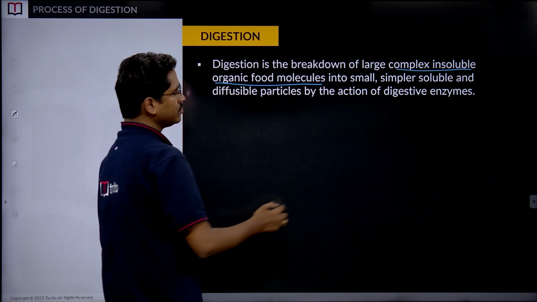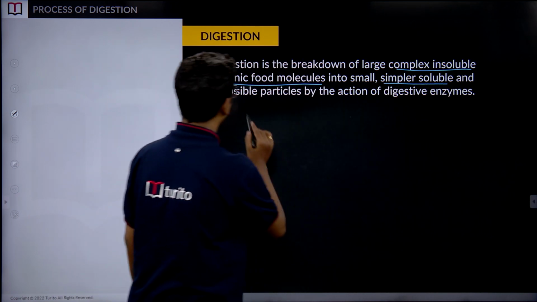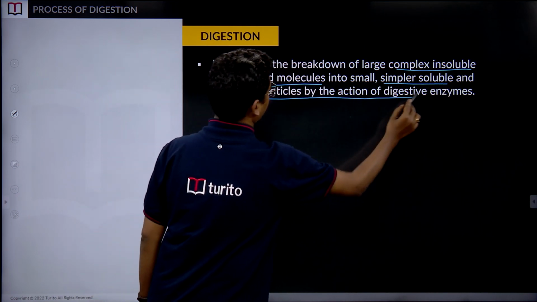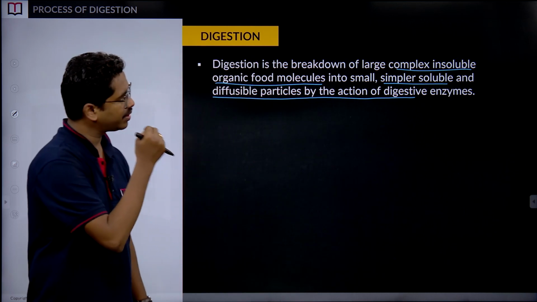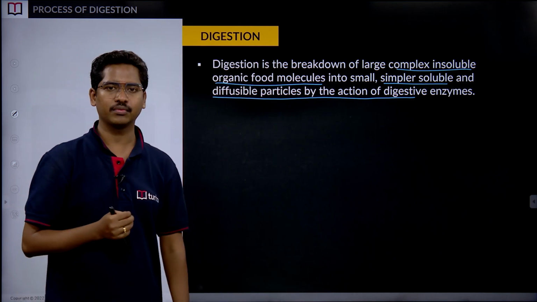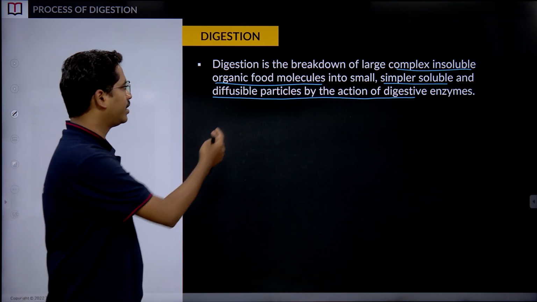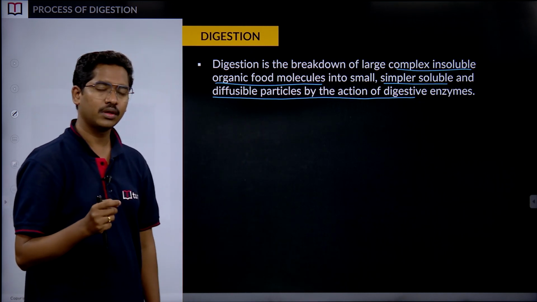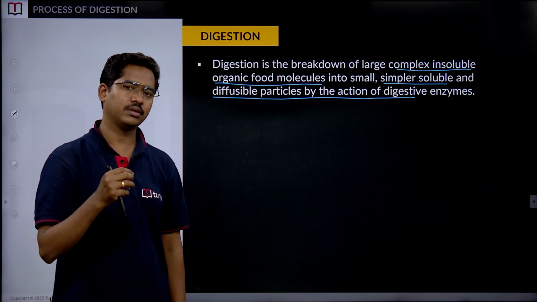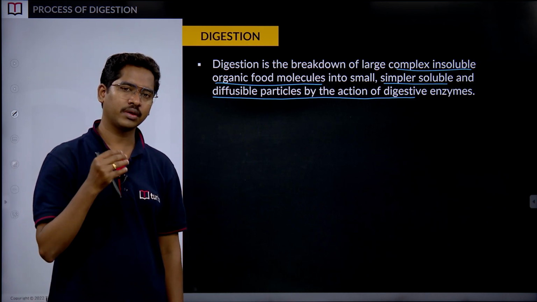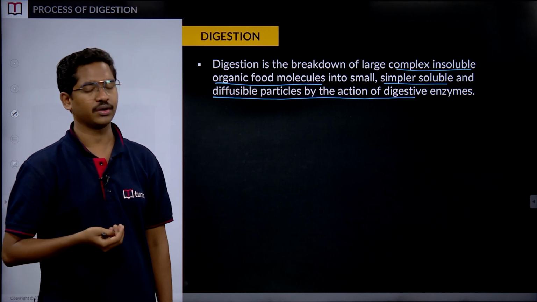So, if you observe, it is changed into simpler soluble and diffusible particles by the action of digestive enzymes. That complex insoluble organic food needs to be changed into simpler soluble and diffusible particles. That means you can understand at the cellular level how diffusion occurs.